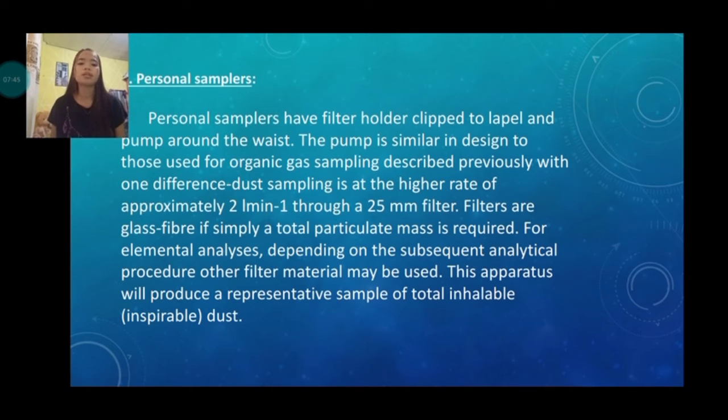For elemental analysis, depending on the subsequent analytical procedure, other filter materials may be used. This apparatus will produce a representative sample of total inhalable or inspirable dust.